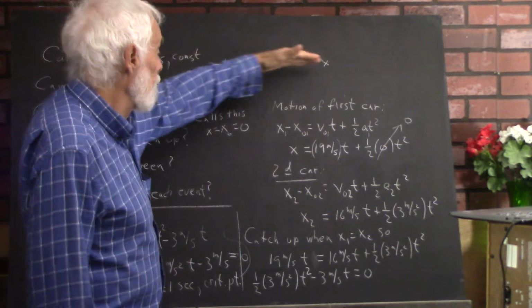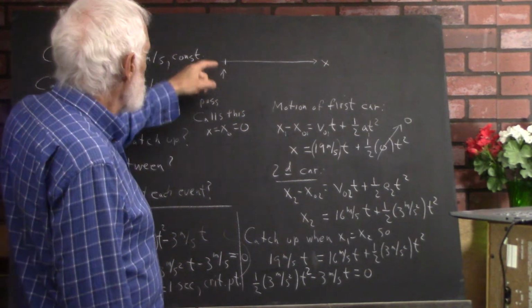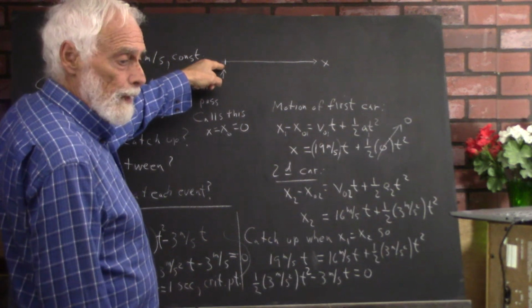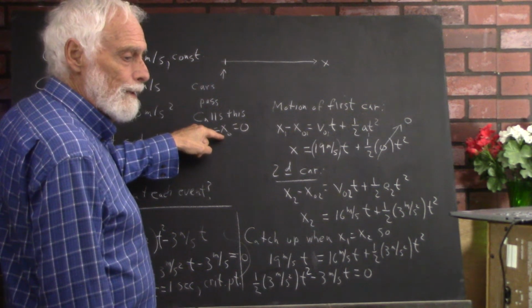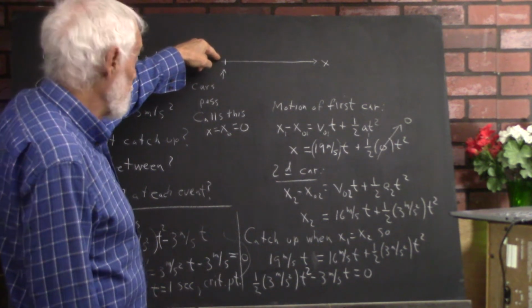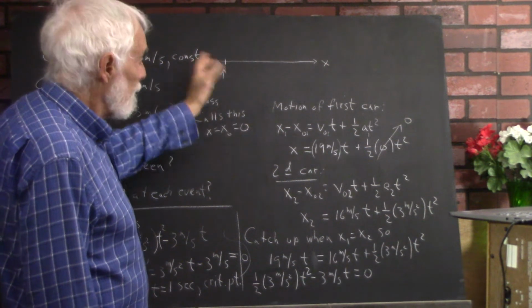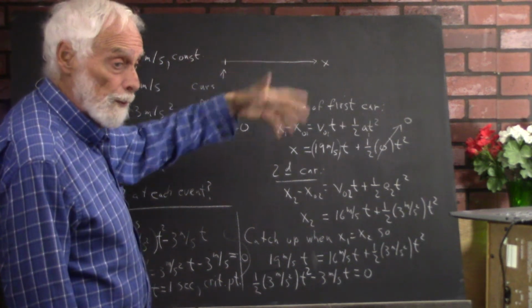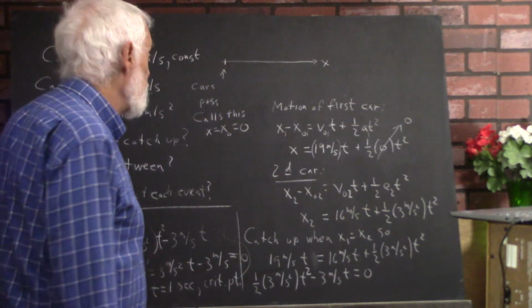So along the x-axis, the cars pass at some point. We might as well call that point x0, so that implicitly when they pass, time is equal to 0. And let x0 equal 0. We can put our x-axis anywhere we want, we can put 0 any place we want. That's a convenient place to put 0.